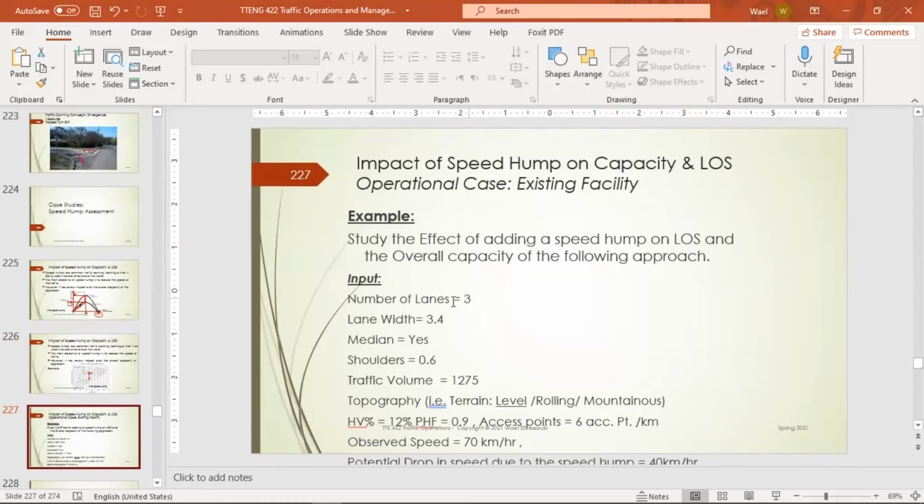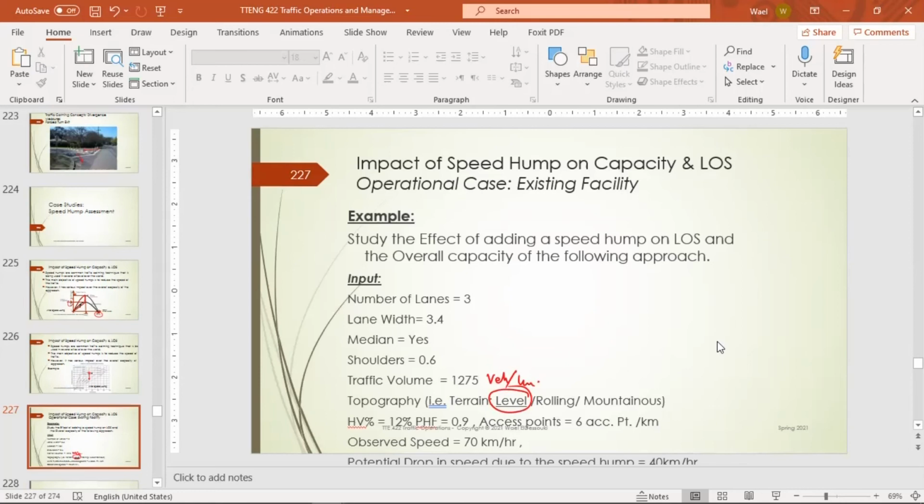Number of lanes 3, lane width 3.4, median yes, shoulders 0.6, traffic volume 1275 vehicles per hour, terrain level, percentage heavy vehicles 12%, peak hour factor 0.9, 6 access points. So let's try to solve this.